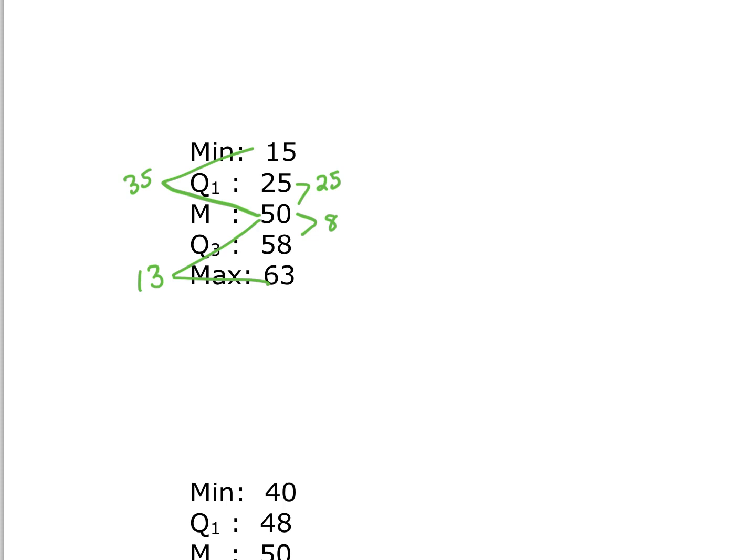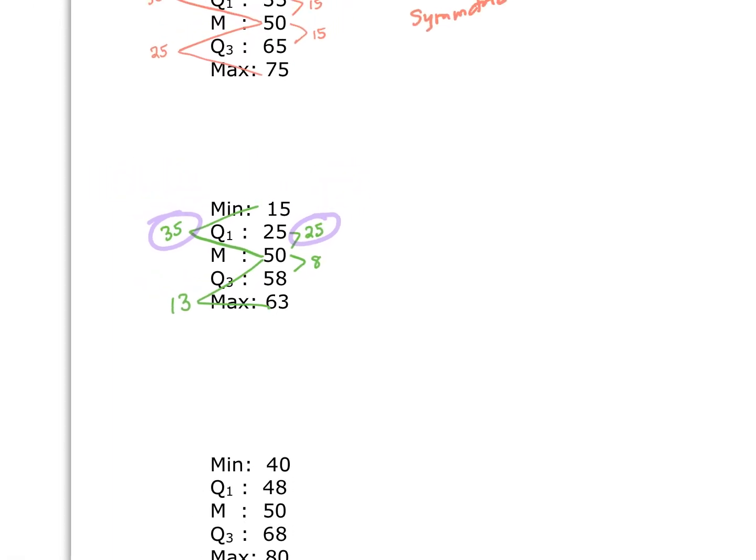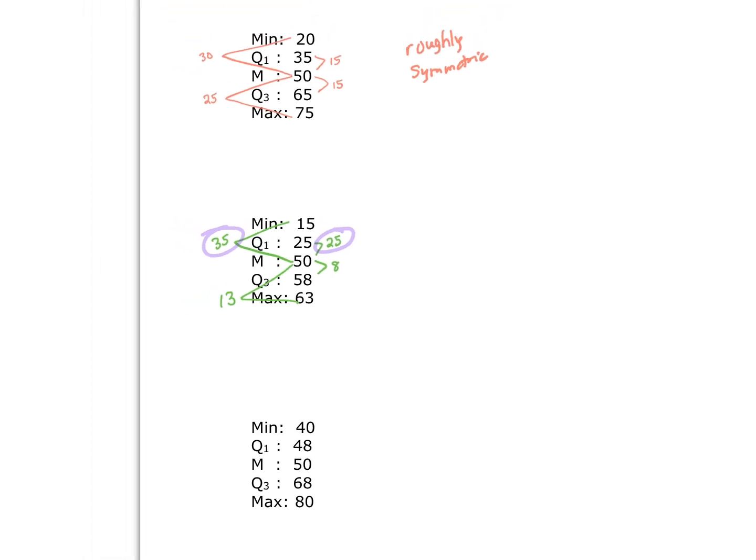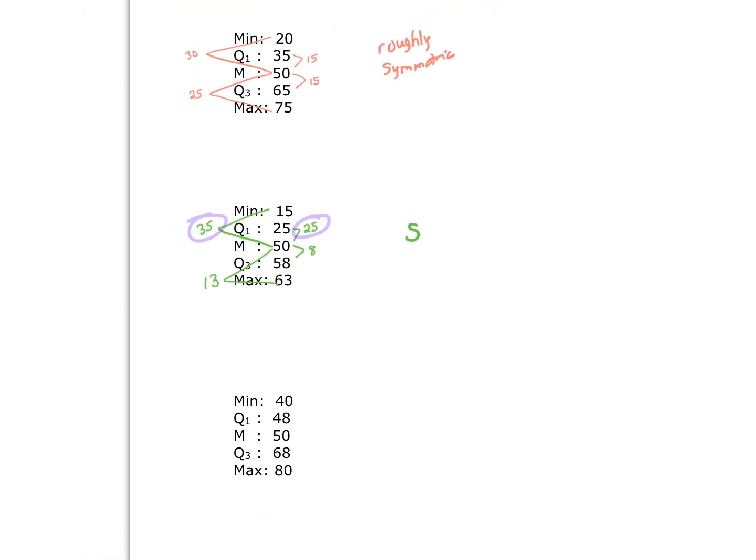So much bigger differences on this lower end, on the lower numbers. So what does that mean in terms of the shape of the graph? Skew left. Skewed left. There you go.